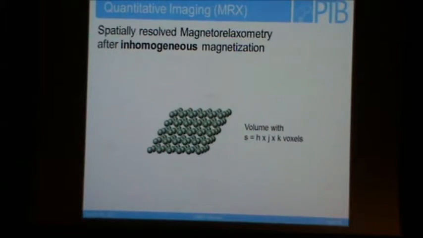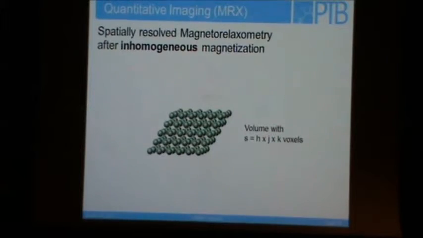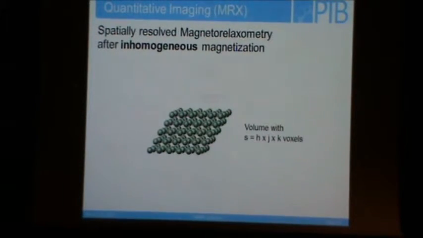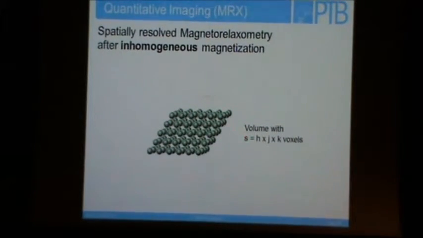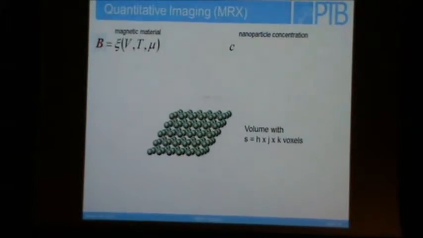And so we have been thinking, for the last few years, in fact, this is the dissertation work of Mike Liebel from our group, and we have thought about methods how we can improve this technology. And basically we want to create an image of the magnetic nanoparticle distribution in a volume that is made up by a number of voxels.